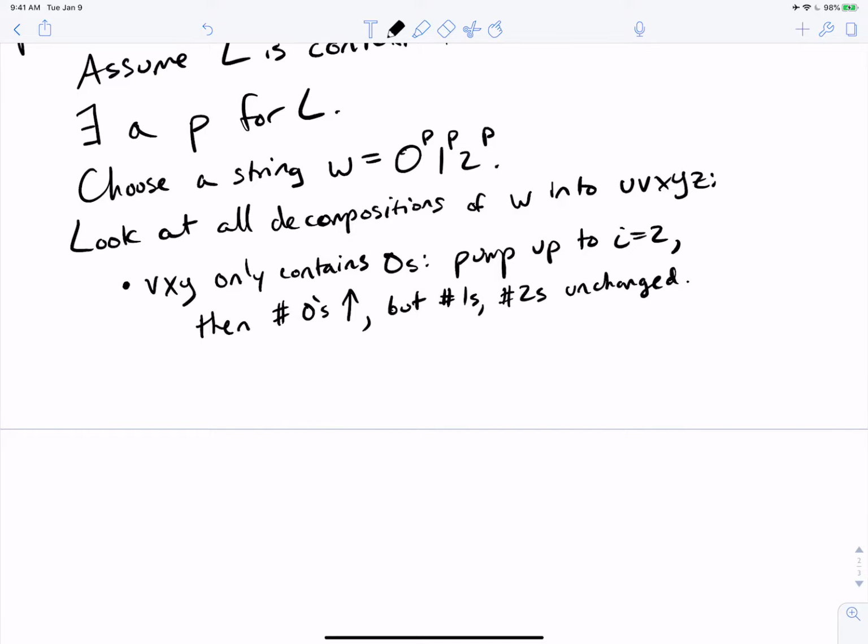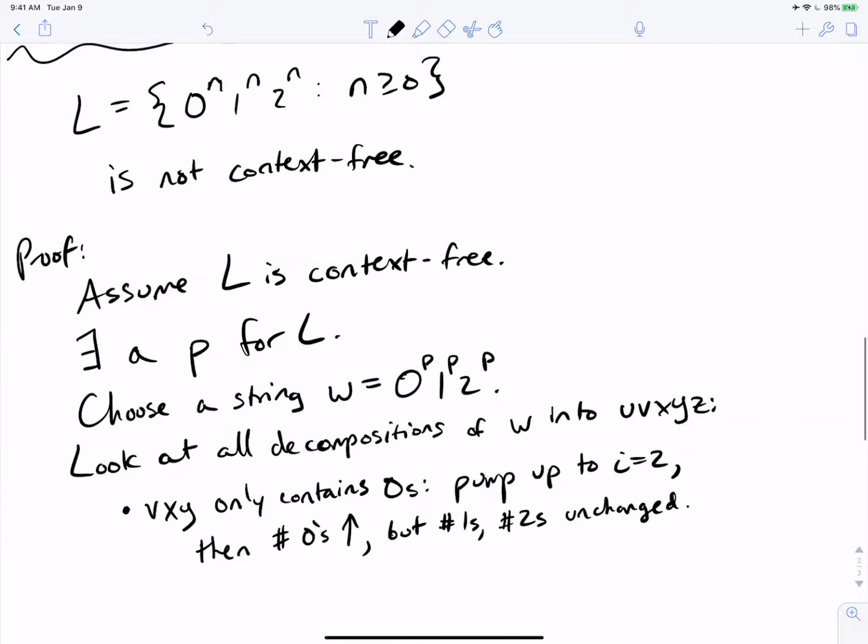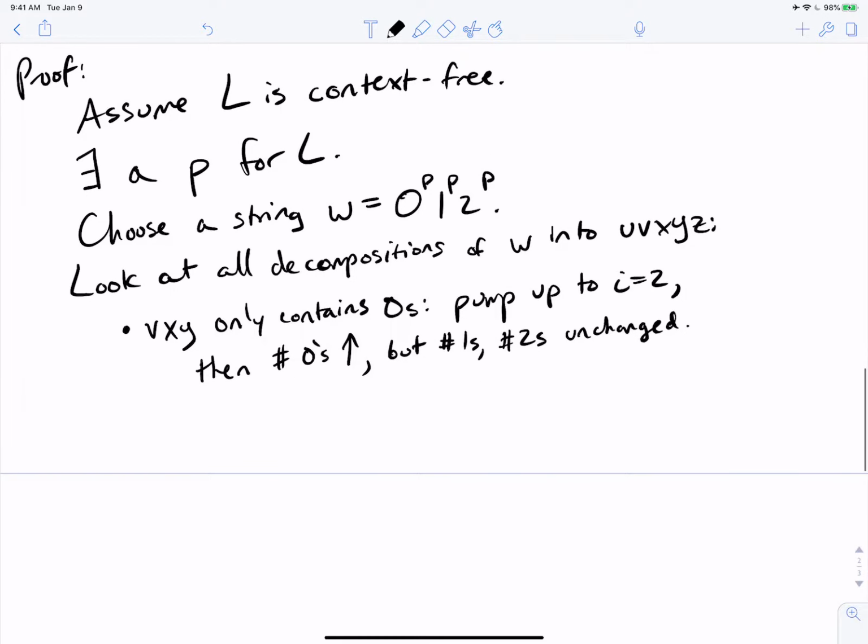What if they were in the twos? Same argument, because we require that all 3 segments are the same. So I'm going to squash both of those into one bullet point. So VXY only contains ones or only twos.